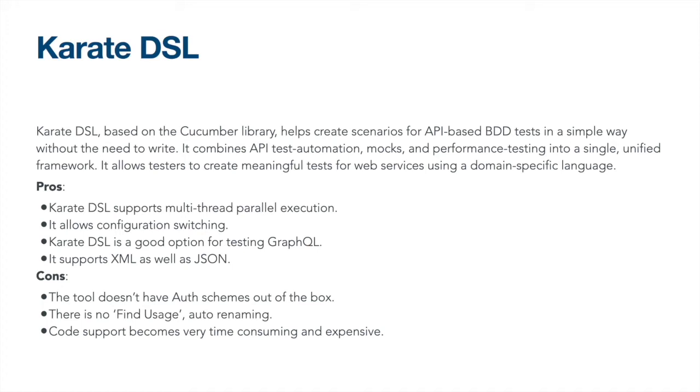So it's a very good tool if you have very basic knowledge about coding, or not that much knowledge about coding but you are good in BDD. Then it's a very good tool for automating your APIs. I used it basically for JSON. I didn't use it for XML, but it supports the XML format also, and it also provides you multi-threading and parallel execution, which is a very good thing.